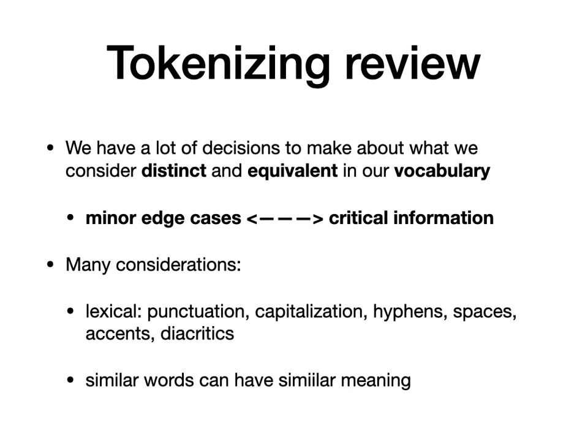When you think about the whole process of tokenizing a document, we have to think about what we consider useful punctuation, useful capitalization, hyphens and spaces, the diacritics and accents that we talked about. So there's lexical considerations. And there's also the idea of how similar words can have similar meanings that we need to consider, right? So it's not just about the text, but about the idea that sometimes we need to collapse things into equivalence classes.